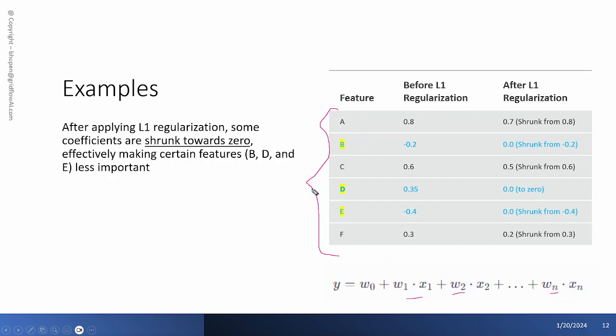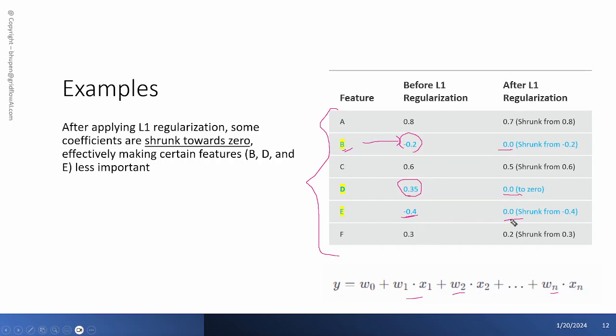I've just marked them as A, B, C. After L1 regularization, before regularization it was 0.2. After regularization, it could become 0, depending on how important that coefficient is in the model. Similarly, D, which had some value before the regularization, is 0 after. And likewise, E is another example where the L1 regularization turned E into 0.